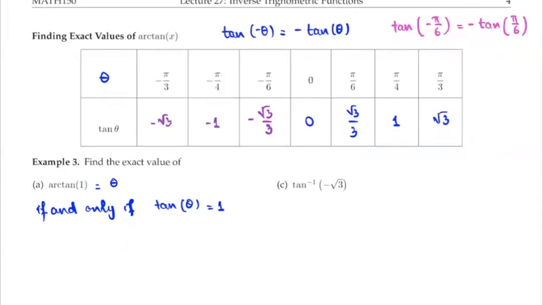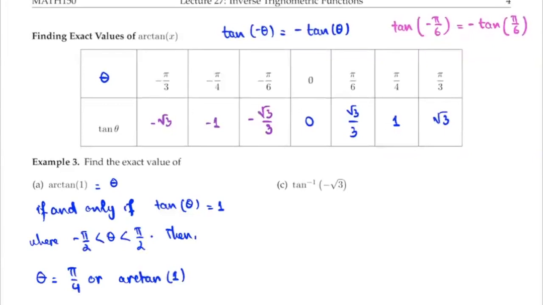Remember, the value of theta is restricted between negative pi over 2 and pi over 2, but does not include the endpoints. Then theta is equal to pi over 4, or inverse tangent of 1 is equal to pi over 4.